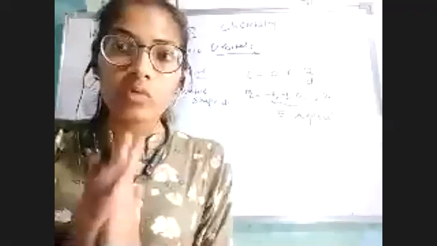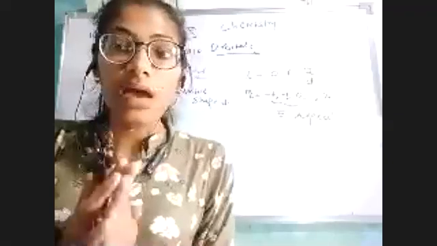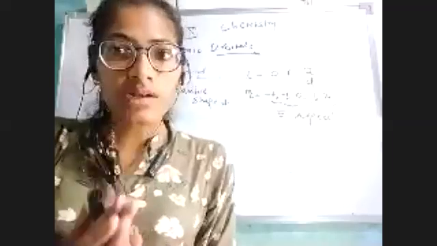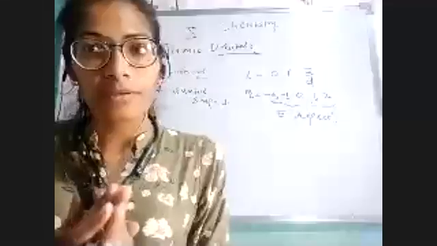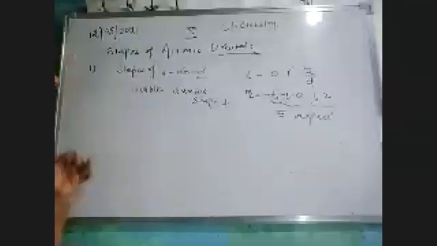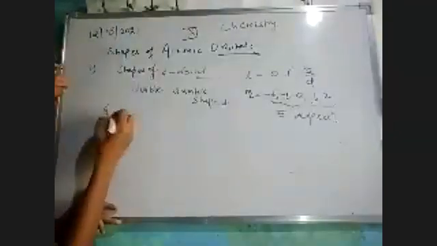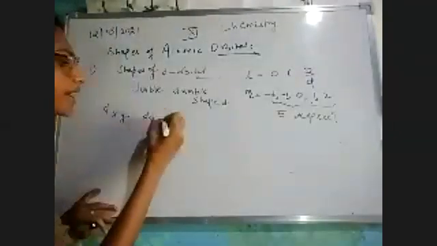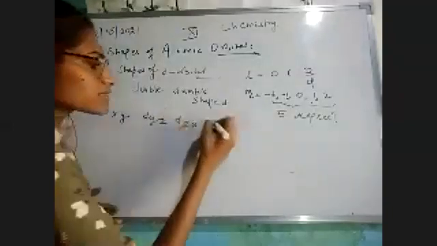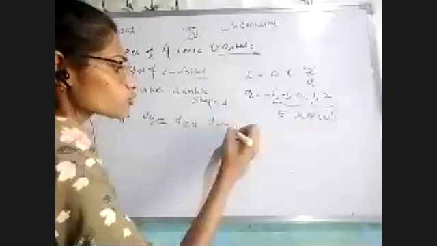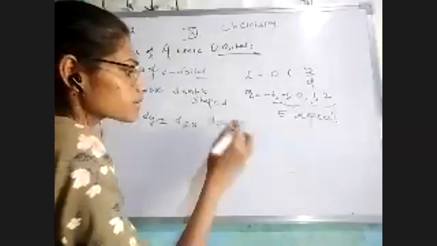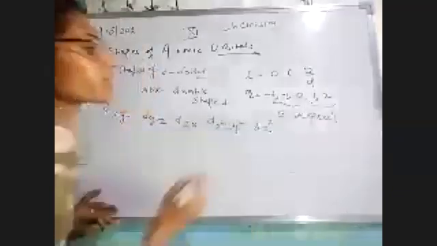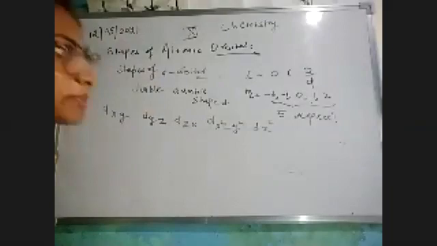But if I'm talking about our d orbital, there are four different lobes which are meeting at a particular point. And we have five different types: dxy, dyz, dzx, dx square minus y square, and dz square. These are our five representations which represent our d orbitals and their shapes.